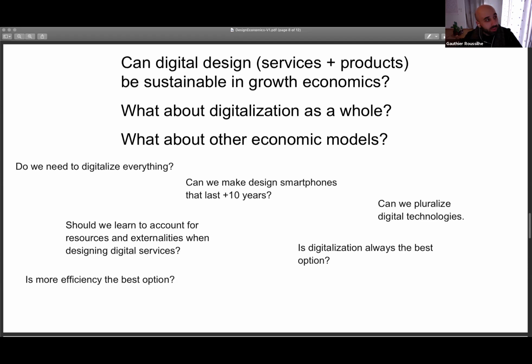But for example, with my students, we did some workshops testing what we would need to make a smartphone that lasts 10 years plus. And you quickly realize that it's not really about any technical improvements. First it's politics.